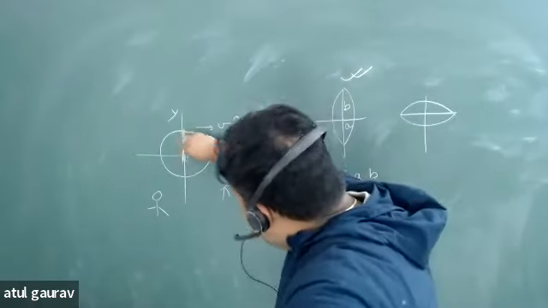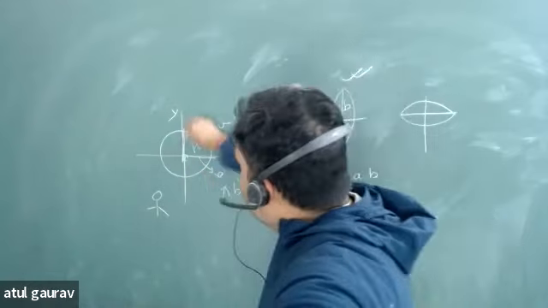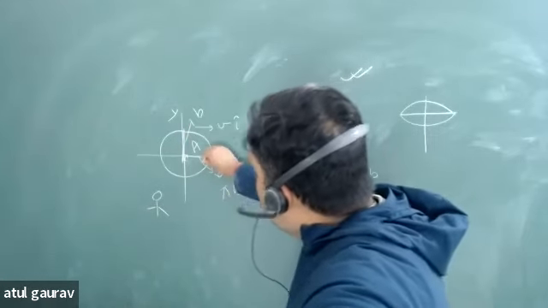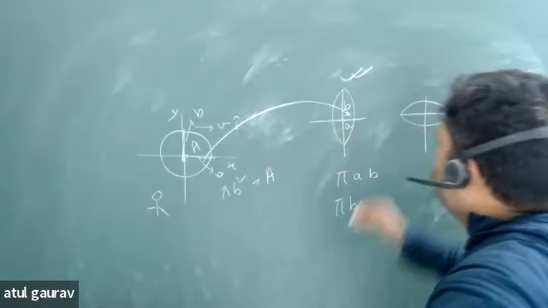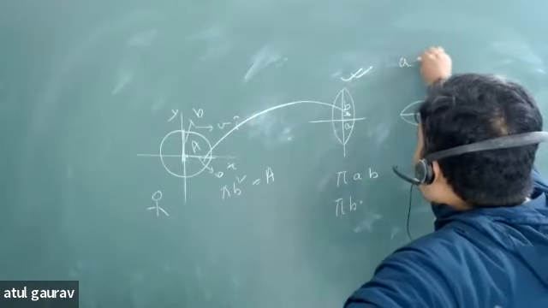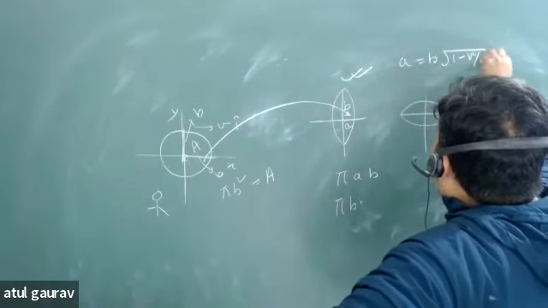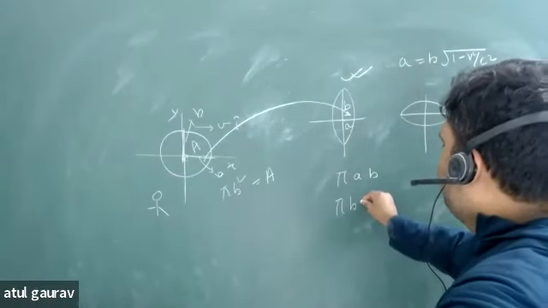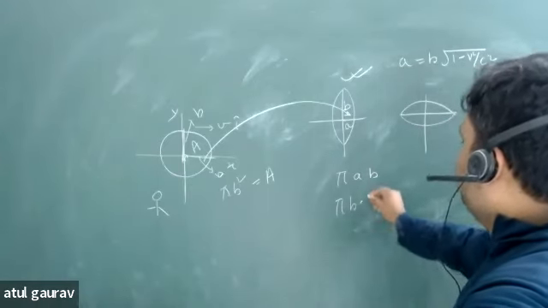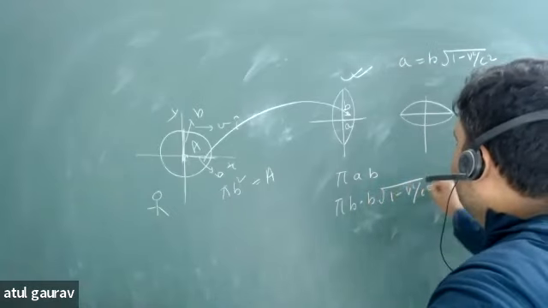This length is also B. Now this B is going to contract up to A. So your A is nothing but B root under 1 minus v square upon c square. So pi b and A can be written as B root under 1 minus v square upon c square.